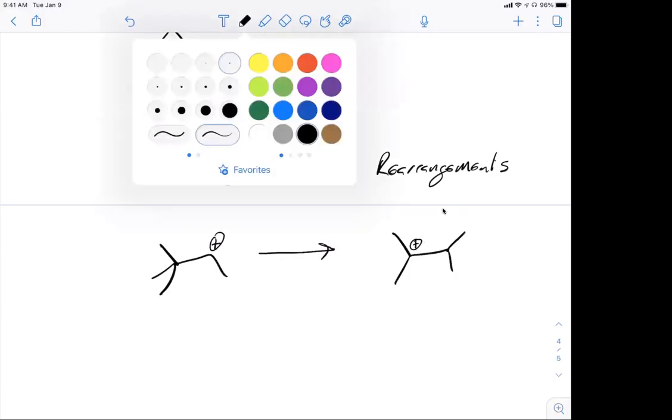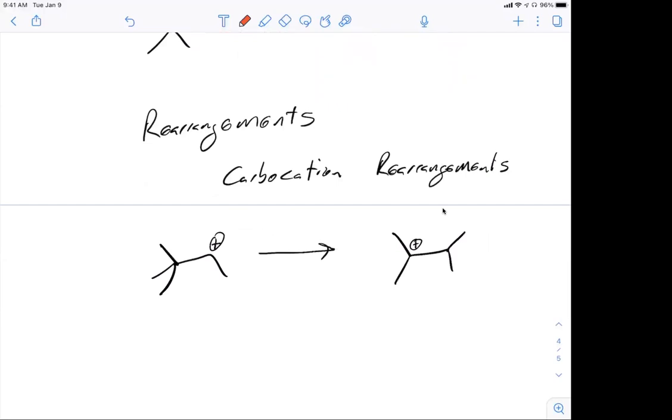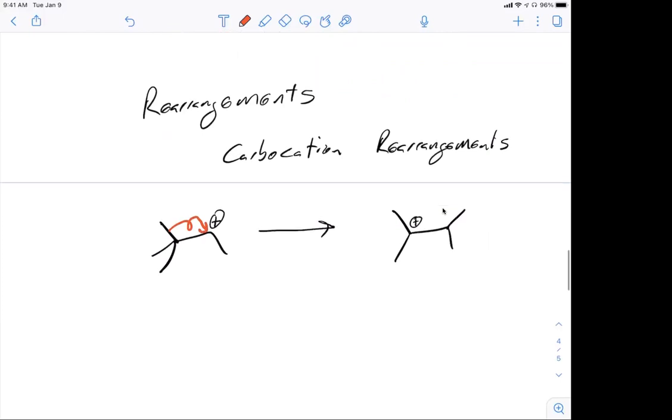And what happens here is notice that we are getting a change in our carbon skeleton. I'm putting a little curly Q, which is just a sign for rearrangement. This book doesn't use it. You don't have to use it.